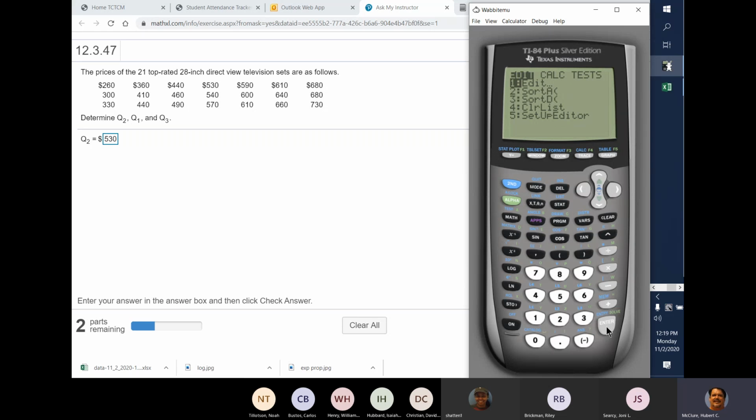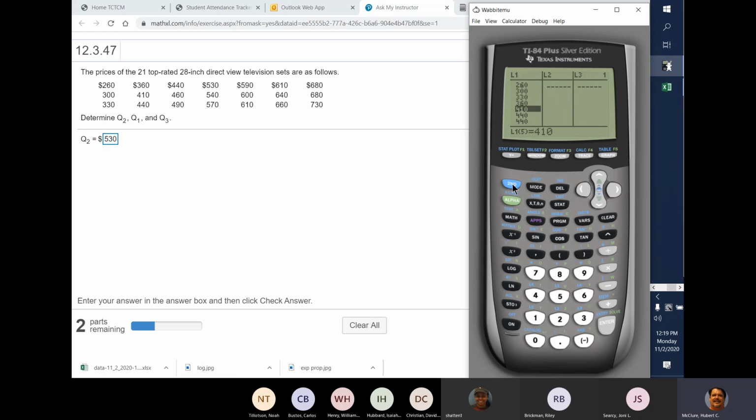Stat, edit, 260, 300, 330. There it is, 360. I got a number missing. Second, insert, 360. Now let's check it.